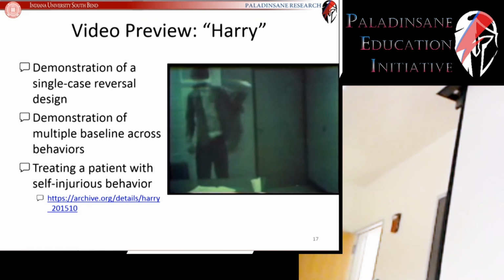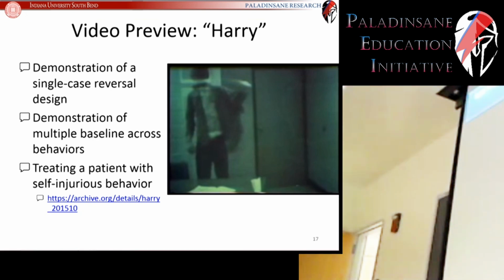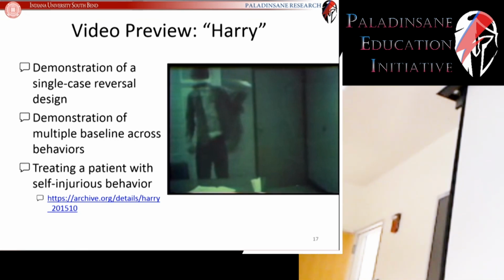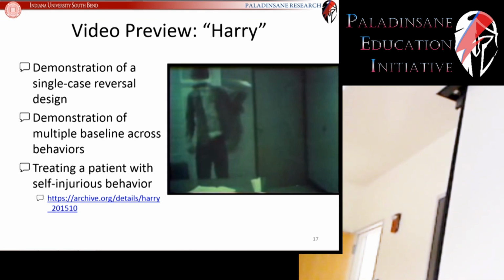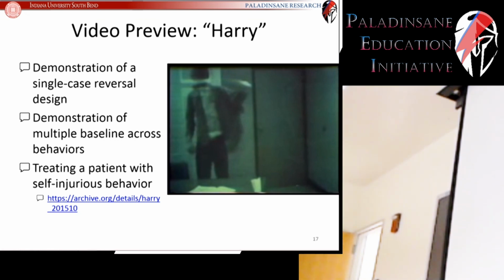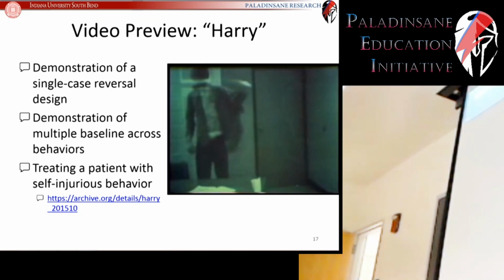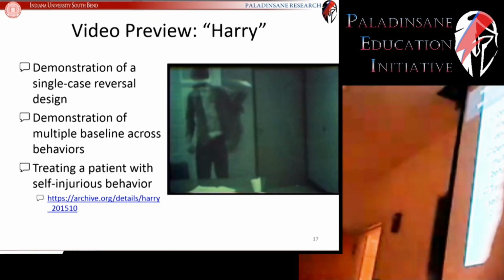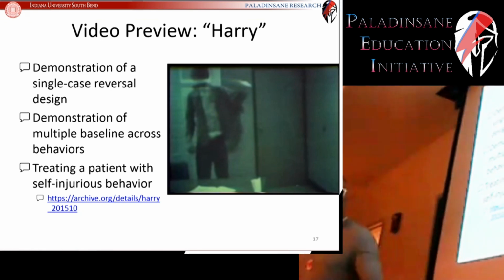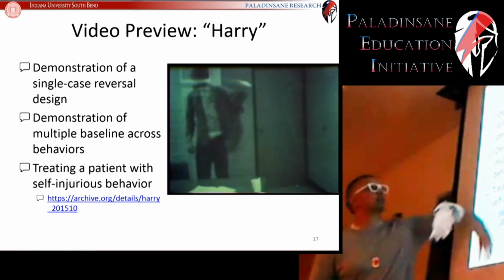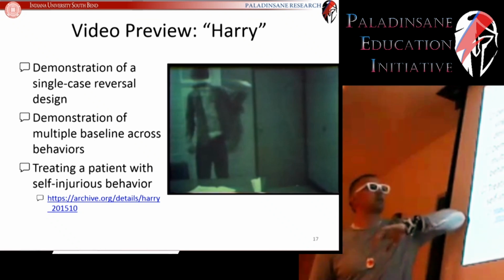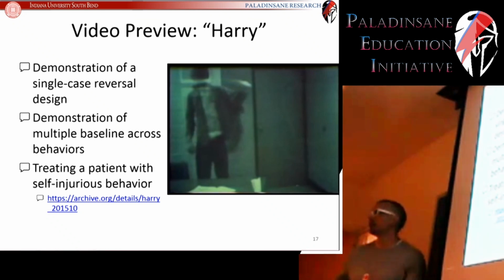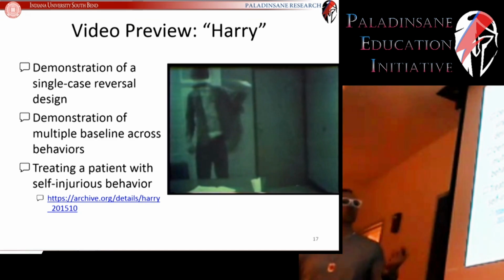I'll keep showing it forever. But anyways, it's again this indication of why we do what we do. What is this all about? So again, just a nice illustration of a single case reversal design, multiple baseline across behaviors, and just a great indication of what psychology can do.